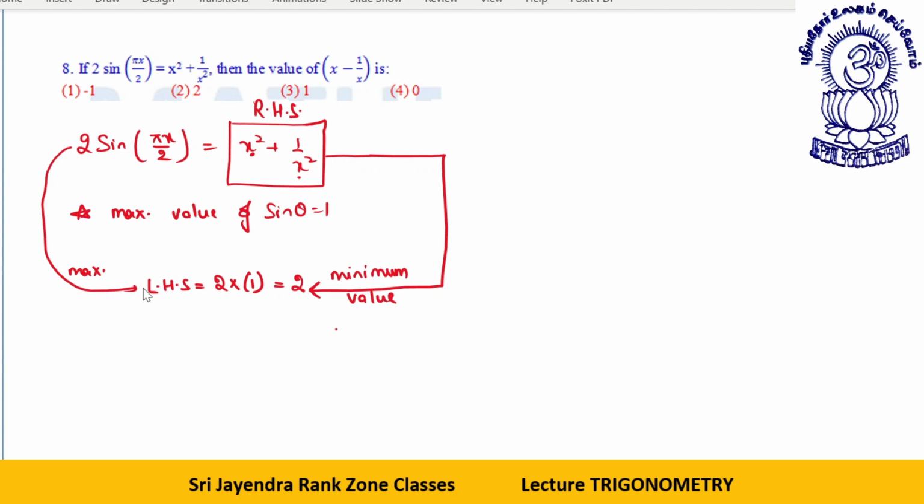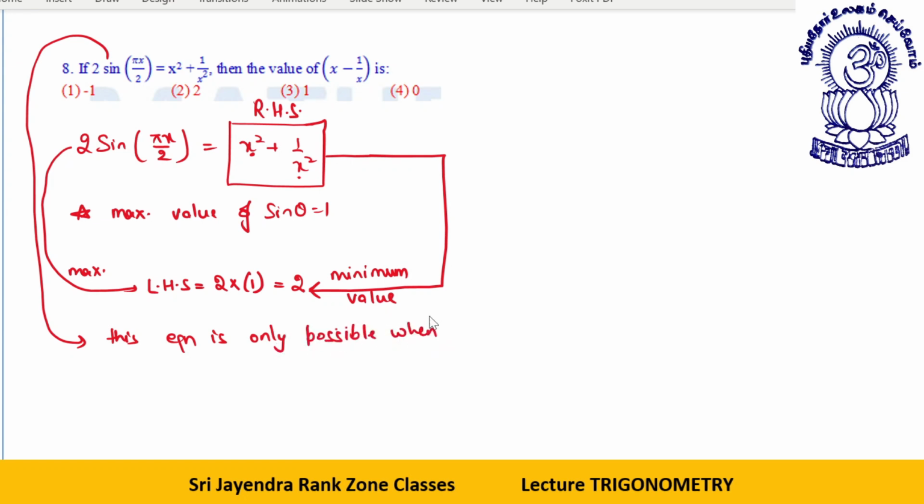The maximum value of LHS is equal to 2 and the minimum value of RHS is equal to 2. So this equation is only possible when LHS is equal to RHS is equal to 2.